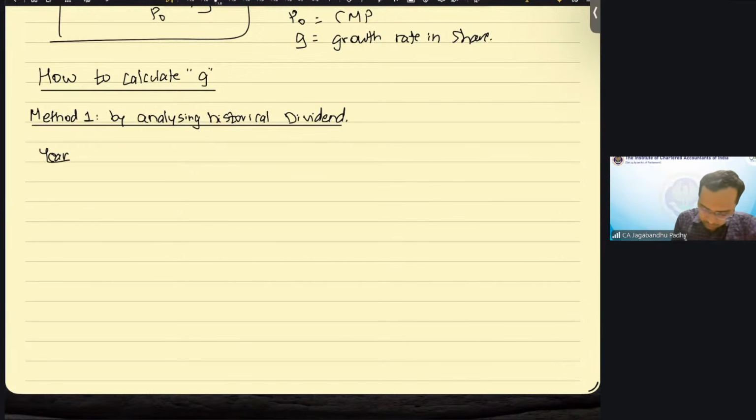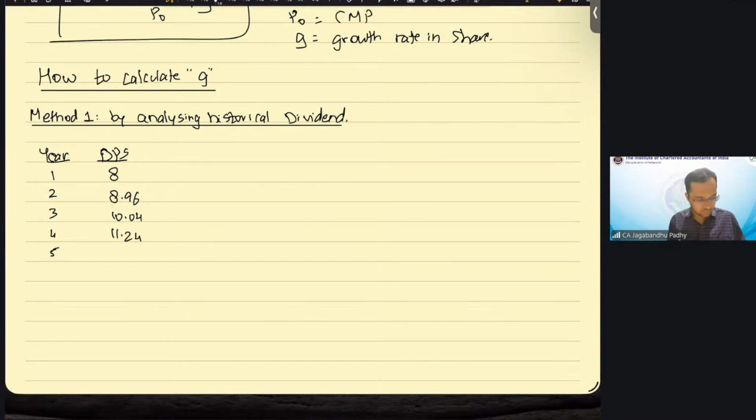Suppose I tell you that over the past 5 years, the dividend per share has been like this: 8 in the first year, then 8.96 in the second year, 10.04 in the third year, 11.24 in the fourth year, and 12.59 in the fifth year.